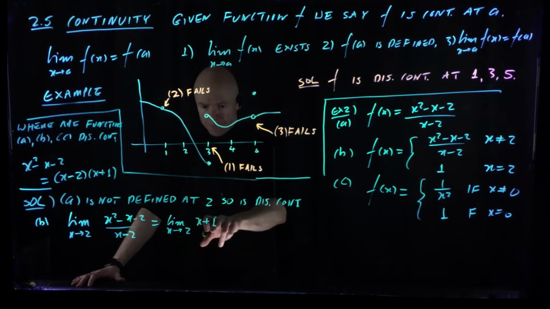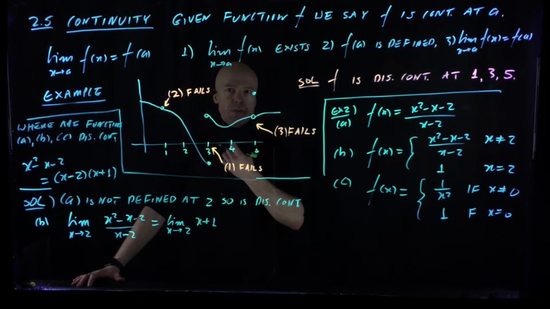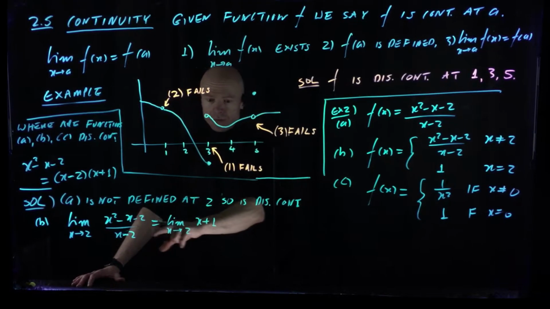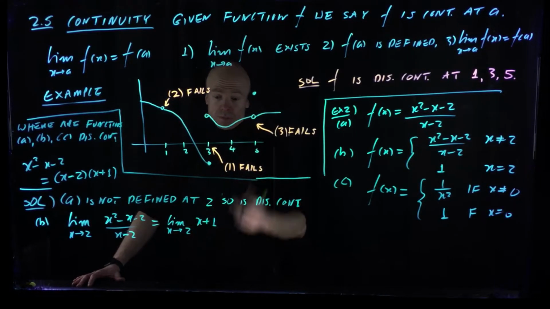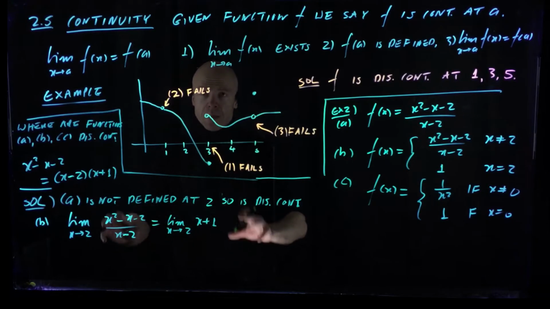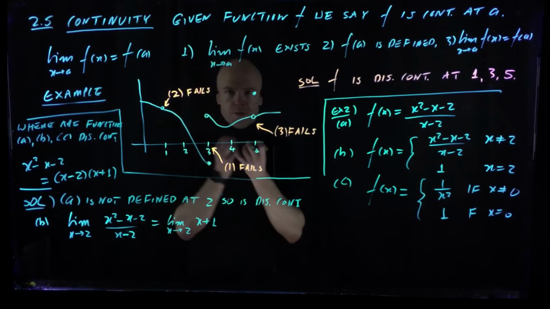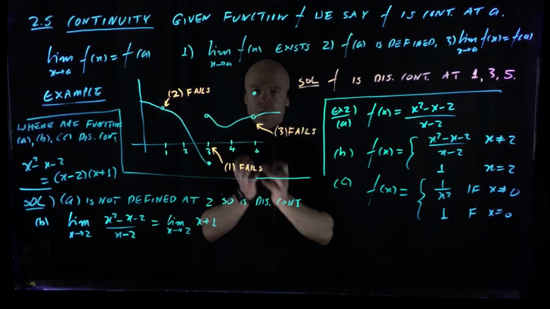So this function and this function have the same limit because they only differ at this point 2, and we don't care because the limit doesn't care about the actual value of the function at 2.